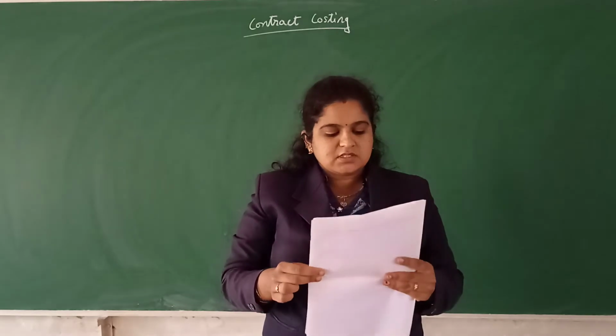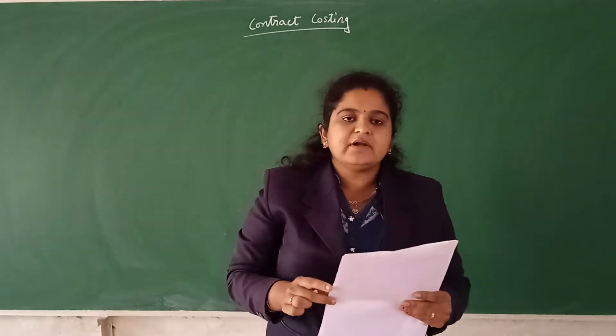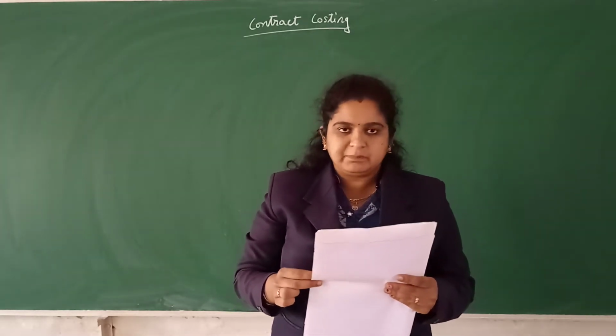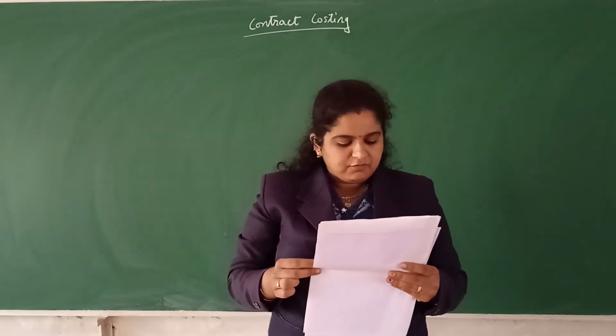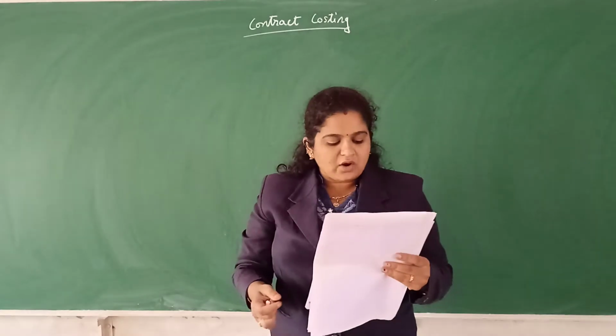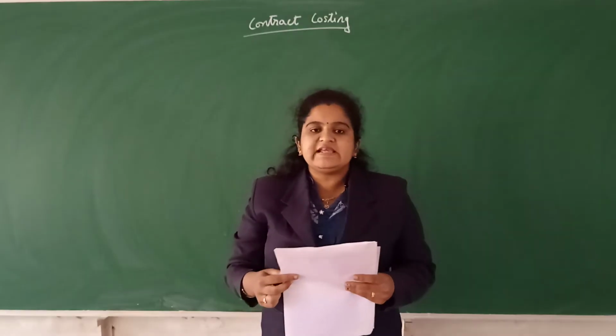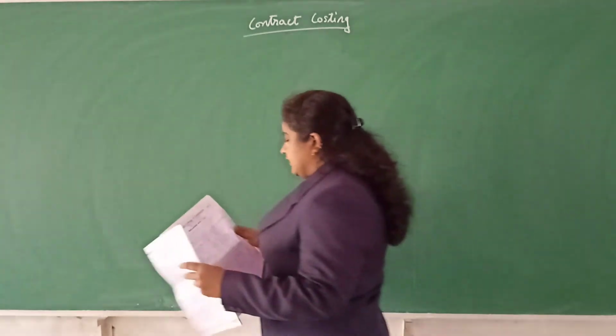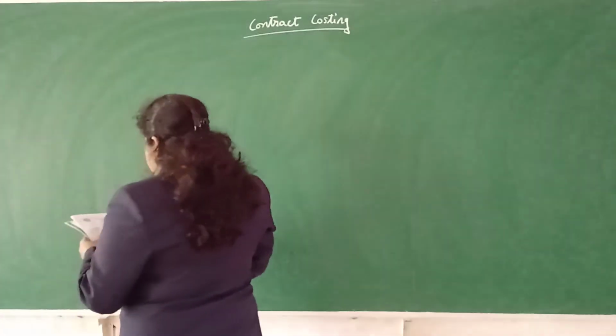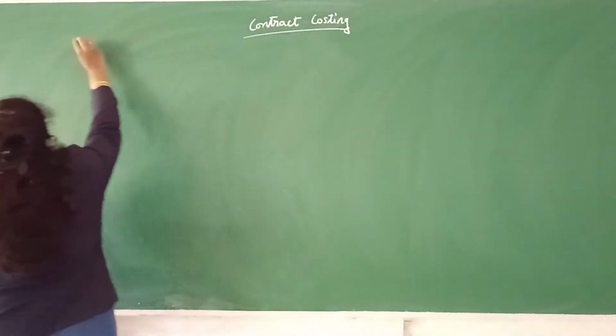Okay, so this is the problem and it has appeared in the 2017 question paper. Now we are going to prepare the contract account as well as the contractee account. So first we will start with the contract account. Write down the heading Matoshri Constructions.